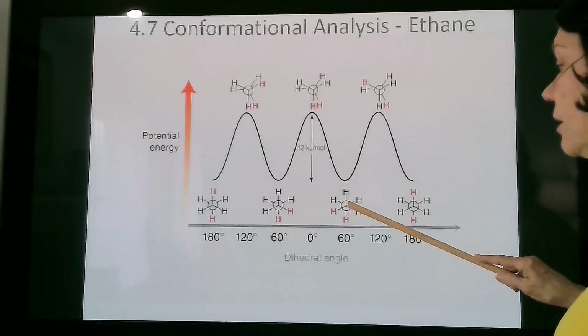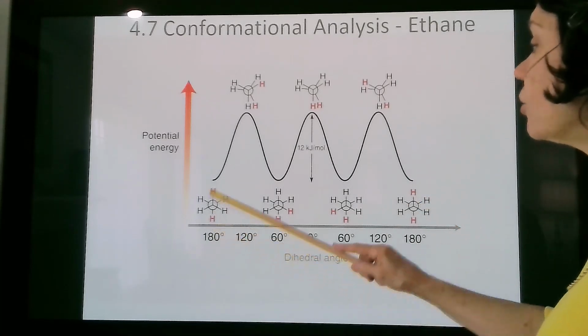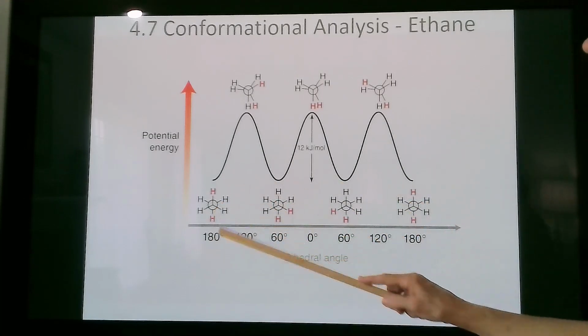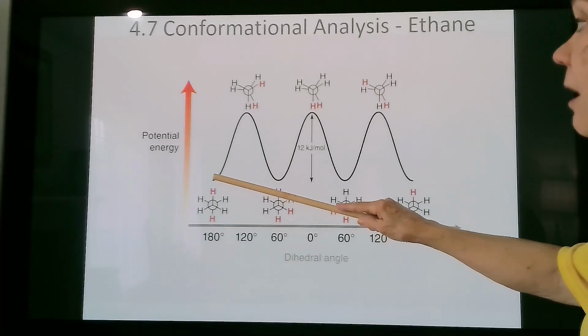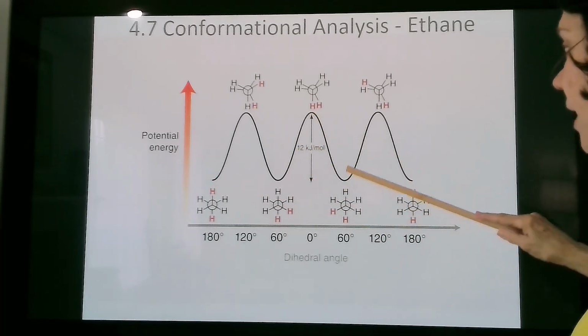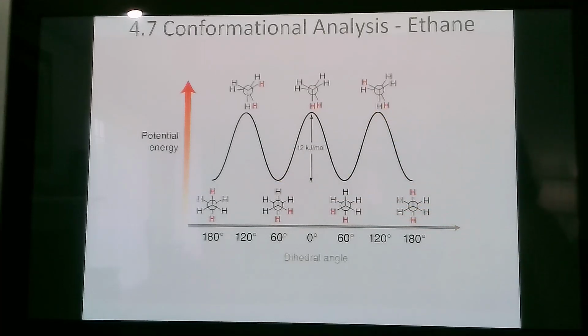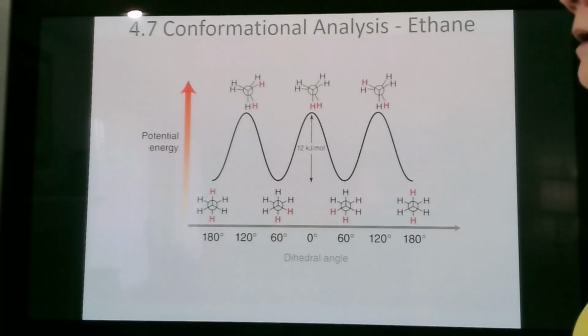Then another 60 degrees, etc. You can see how much the rotation is. When it's gone all the way around, you can see this is 180 and it's back at the starting point. You can see the energy go up and down, up and down, up and down. Each energy hill is 12 kilojoules because the staggered conformations are the same.